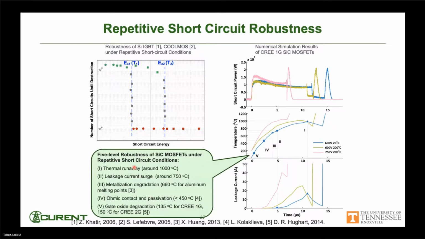And some of the things that you have to worry about are thermal runaway, leakage current surge, metallization degradation, ohmic contact passivation, and gate oxide degradation. So several things you need to worry about if you're really going to get into looking at robustness of devices during short circuit and things like that.